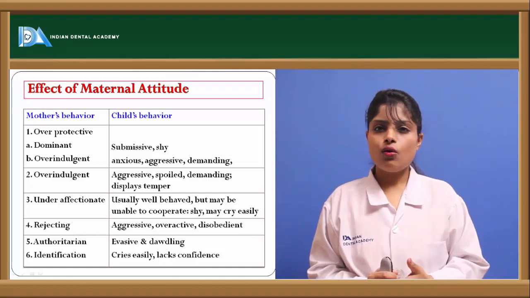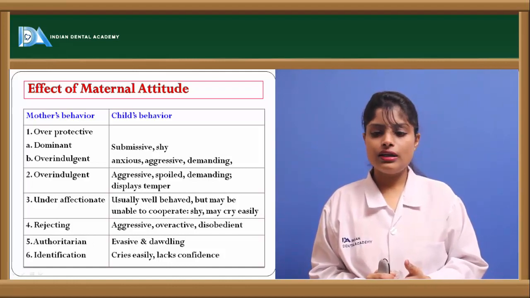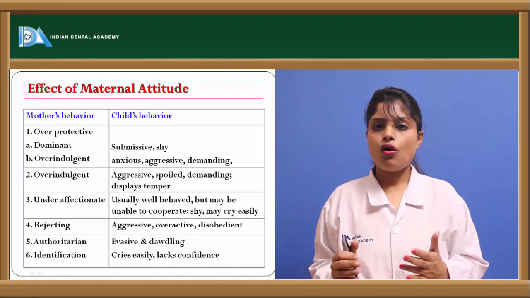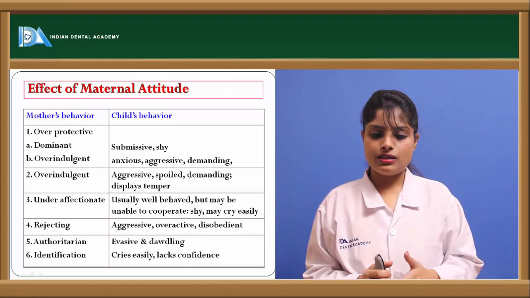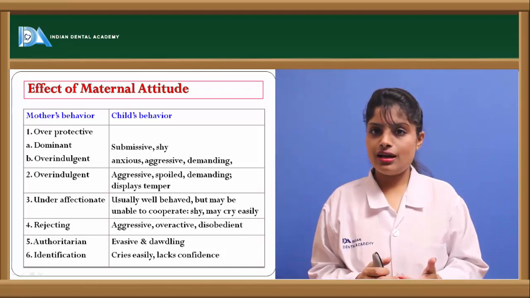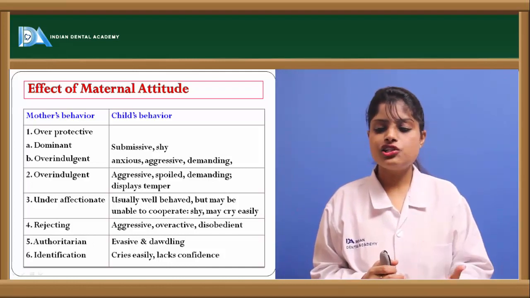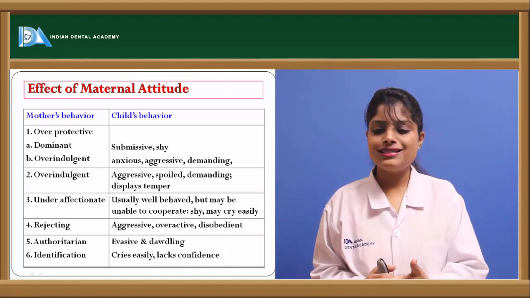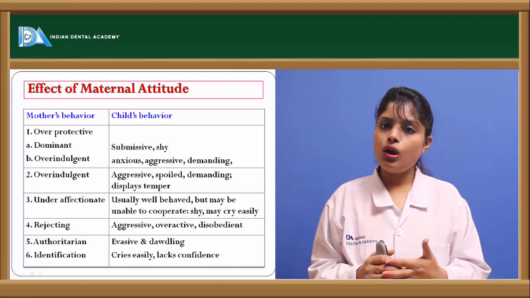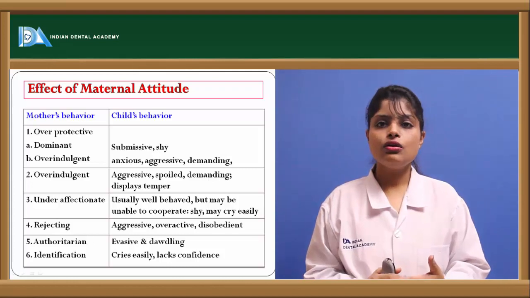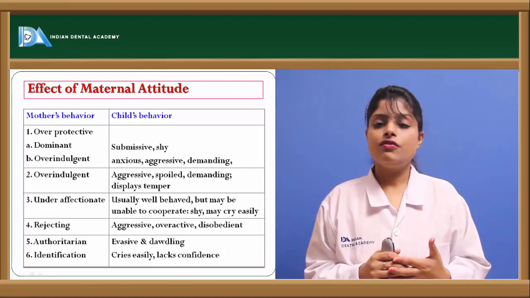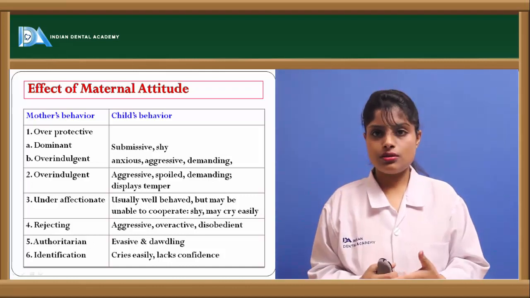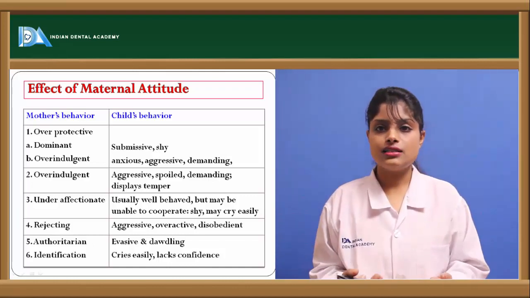In the overprotective mother, generally the relationship with the child is very close, both emotionally and physically. Such a child will be polite, shy, and obedient, but the child always depends on the mother for his or her needs. Such a child generally fears new situations and will not fit easily in the dental operatory.